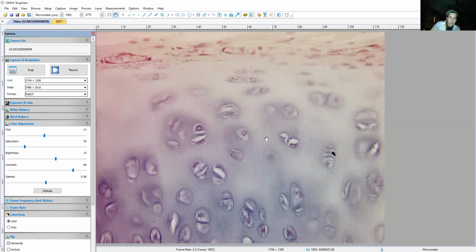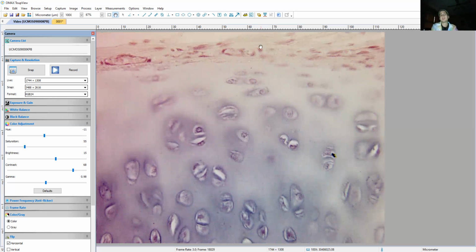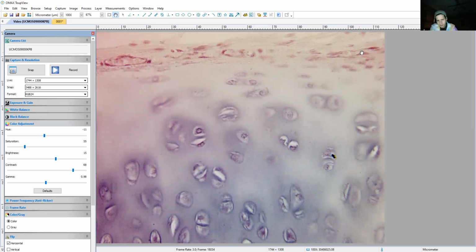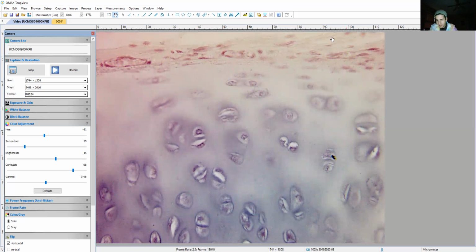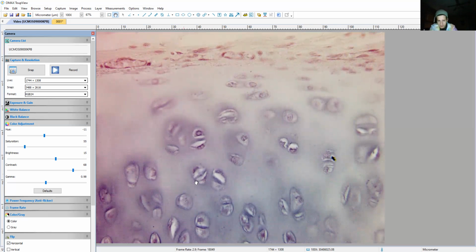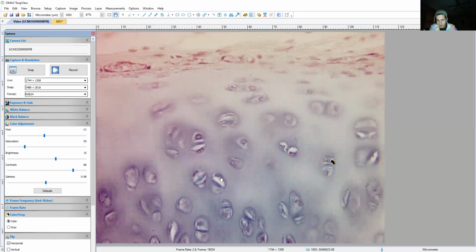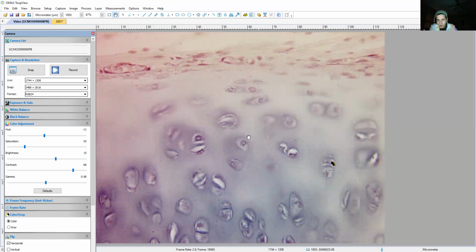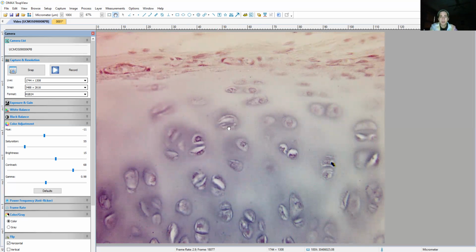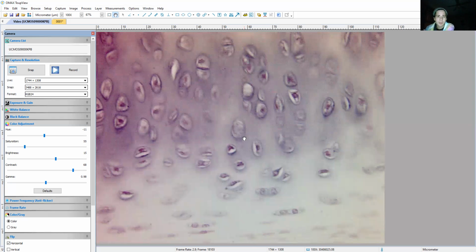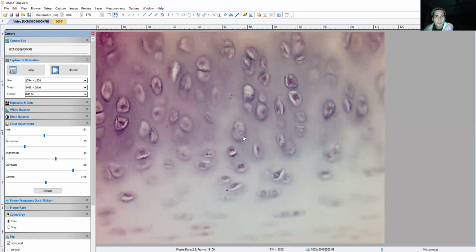All right, you can see right there, it transitions into another type of tissue. Not sure what that is off the top of my head, but this is your cartilage. See how solid it looks? And you can tell that it's almost like plastic or something there. And then you have these cells embedded in it, not at all fibrous like your areolar tissue that we just looked at, right? Not at all.